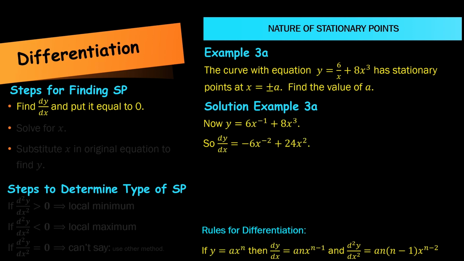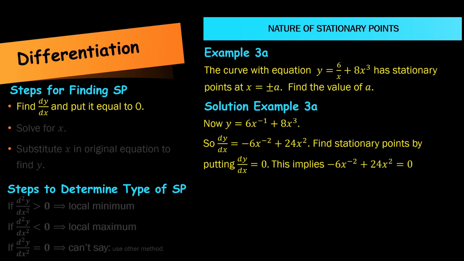Now let's put dy/dx equal to 0 to find the stationary points. So of course this implies minus 6x⁻² plus 24x² equals 0. And so multiplying out by x² gives us minus 6 plus 24x⁴ equals 0.